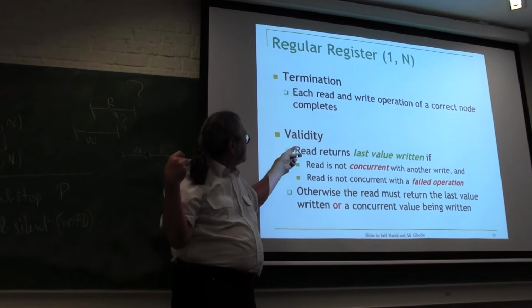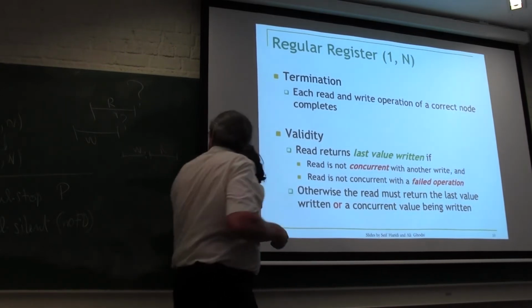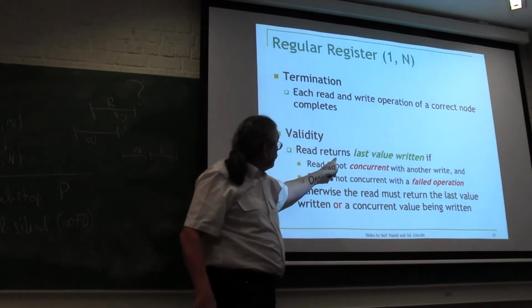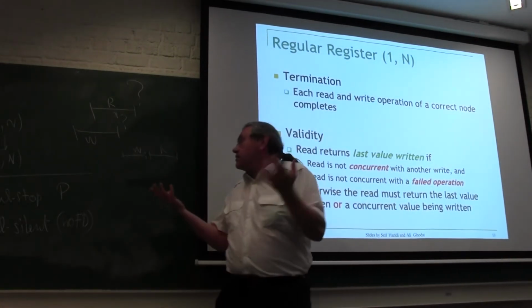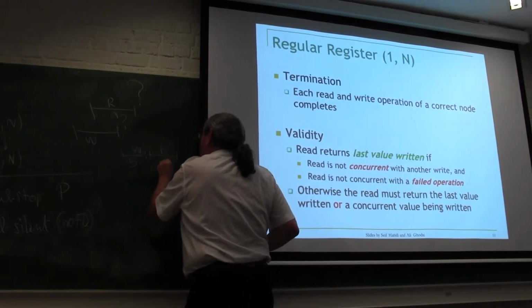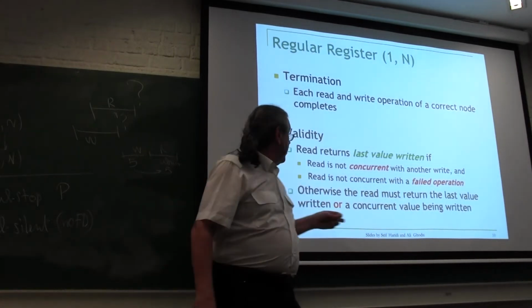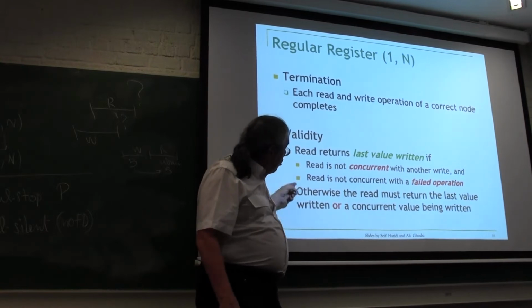So in this case, if there's no overlap, the read has to return the last value written. That's reasonable. So if I write 5, then I have to return 5 here. But if there is an overlap, there's also a condition.